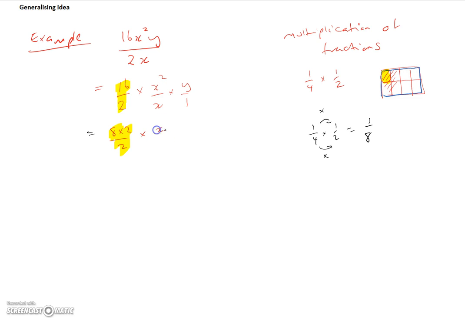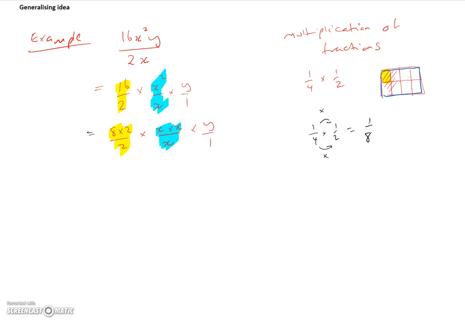And then I've got x times x on x, which is this one. And then I've got times y on 1, because y divided by 1 is just y, just like 2 divided by 1 is 2, 3 divided by 1 is 3, 4 divided by 1 is 4. Y divided by 1 is just y.